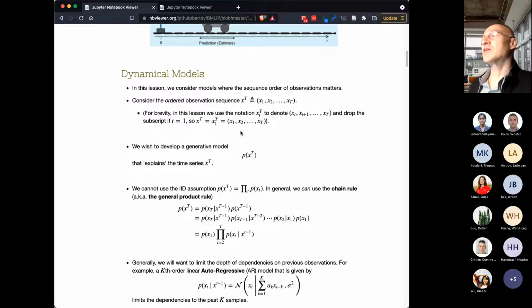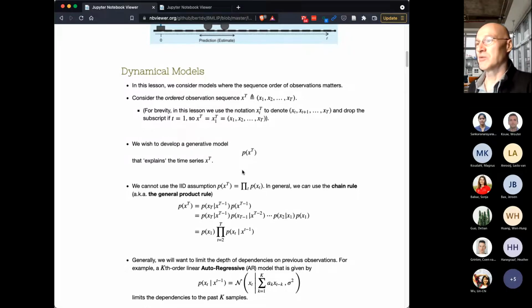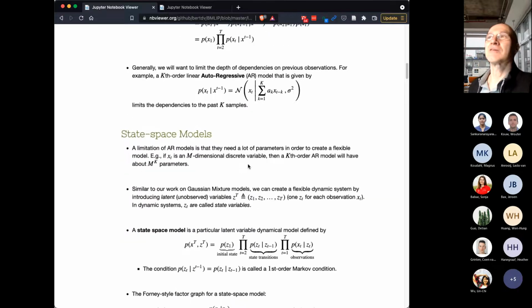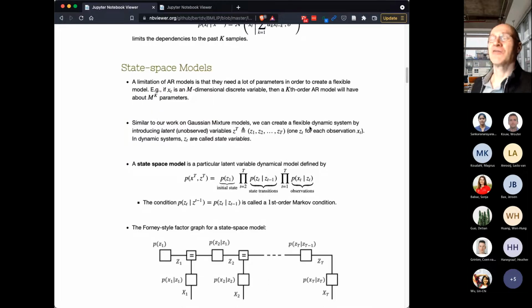The only thing we do in this class is try to capture that in a model, and there are different ways you can model it, but by far the most popular way of modeling sequences is by state space models. That means I have an observed data set, my sample, so this is my time sequence, and I have Z, and Z are now latent variables.